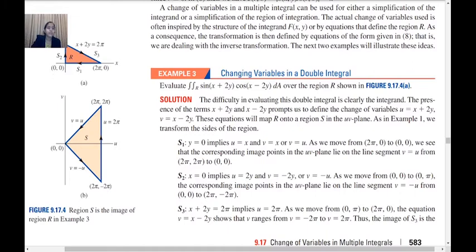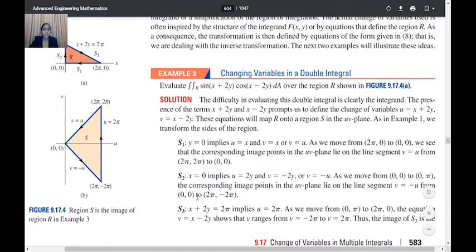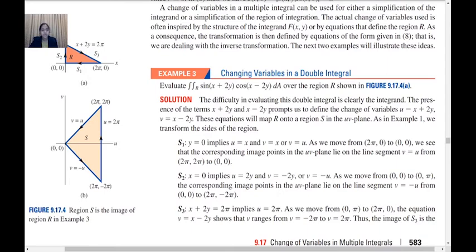So we'll move from 0, 0 to 2 pi, minus 2 pi, right? u is 2 into pi, that is 2 pi, and v will be minus 2 into pi, that is minus 2 pi. So the line segment will be v equal to minus u from 0, 0 to 2 pi, minus 2 pi.